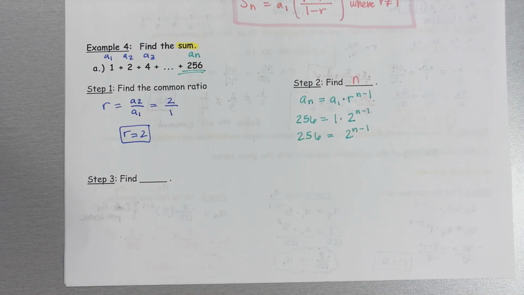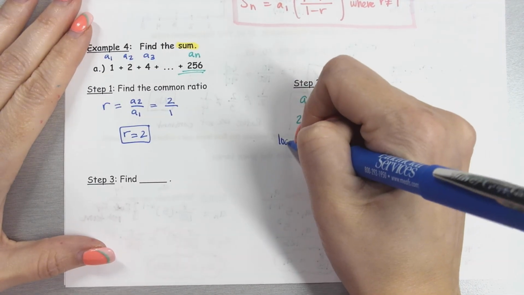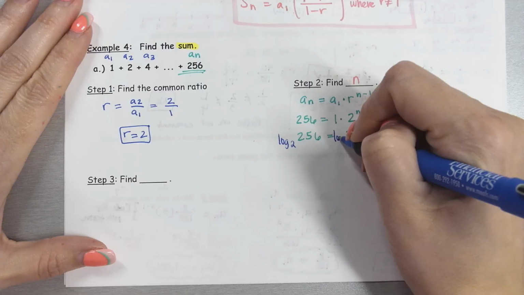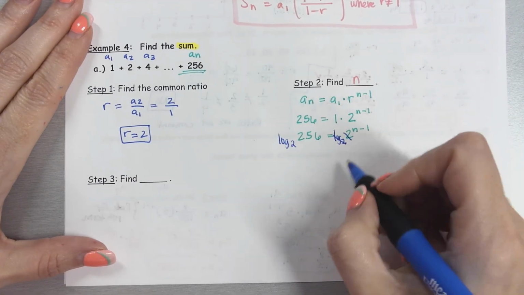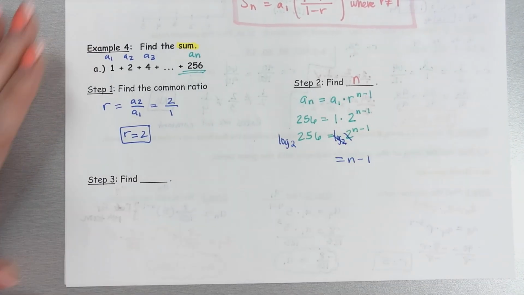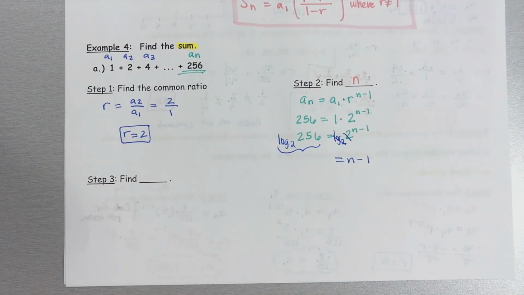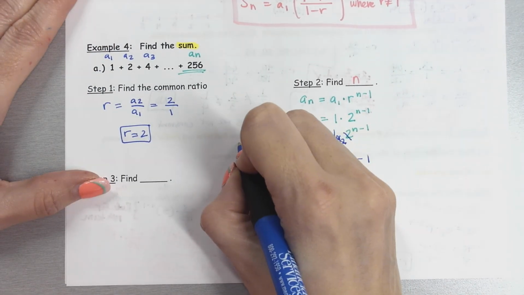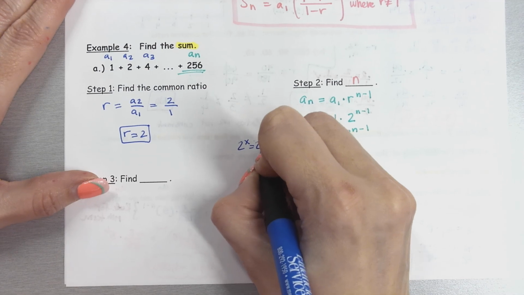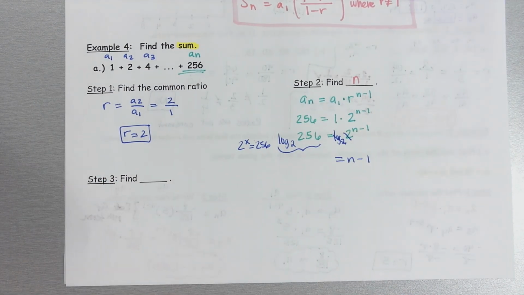Yeah, just take the log of base 2, right? So if you take log base 2, and you have n minus 1 equals, when you're calculating this, you could calculate it without your calculator. You just have to ask yourself, 2 to what power is 256? A lot of you probably know 2 to the 5th is 32.